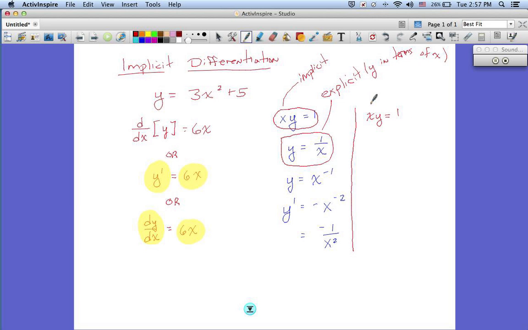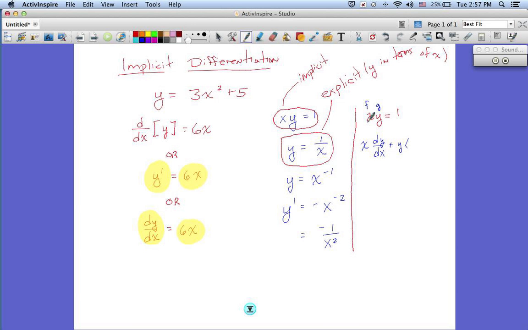This is now a product rule, right? We have two functions, x and y. Call them f and g. Product rule says f g prime plus g f prime. Well, what's the derivative of y? All along it's been y prime or dy dx. I favor dy dx, so I'm going to write x dy dx. Now f prime, think about it. The derivative of x is 1.